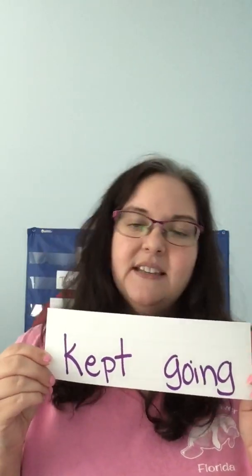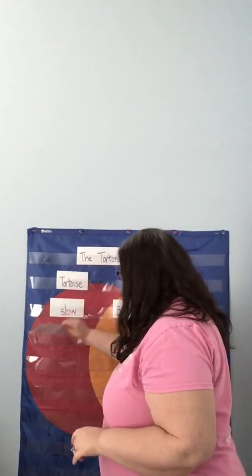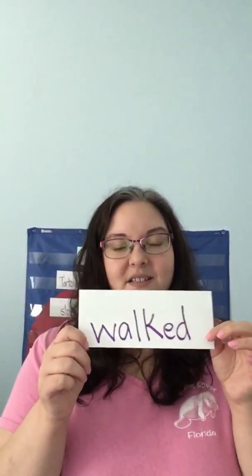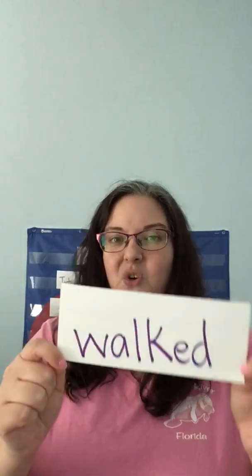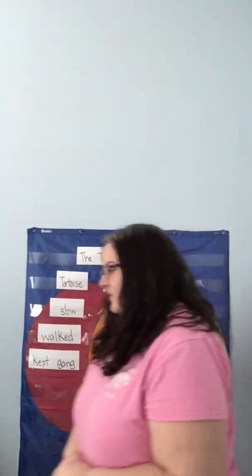The tortoise, the hare, or both of them? The tortoise. Good job. So I'm going to put him under red. Walked. Which character walked in the story? The tortoise, the hare, or both? The tortoise. Very good. So I'm going to put that under tortoise for the red one.